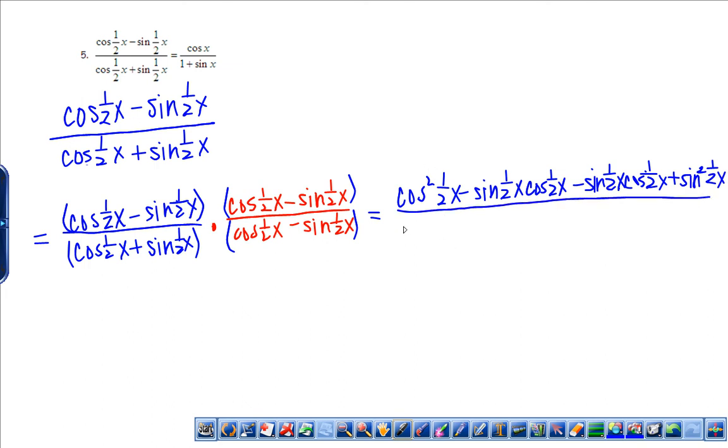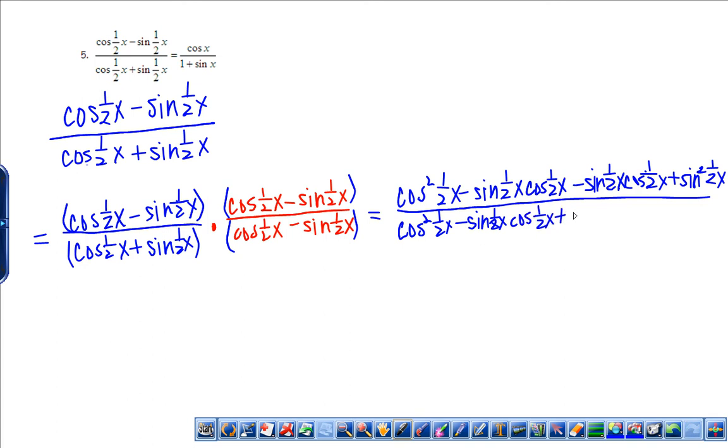The bottom is going to be cosine squared 1/2 x minus sine 1/2 x cosine 1/2 x.